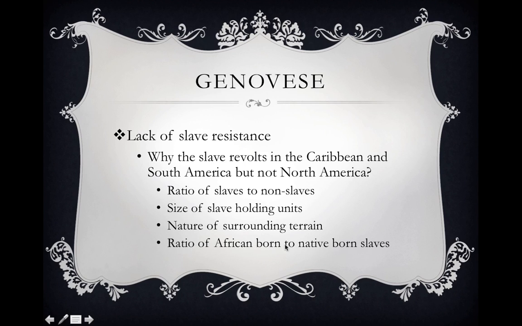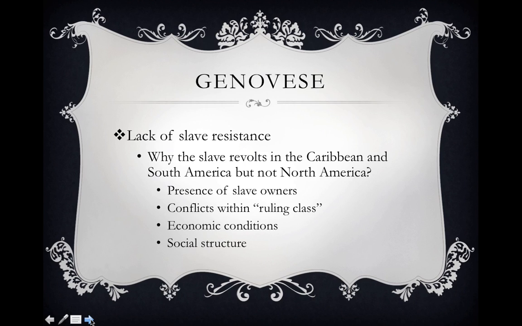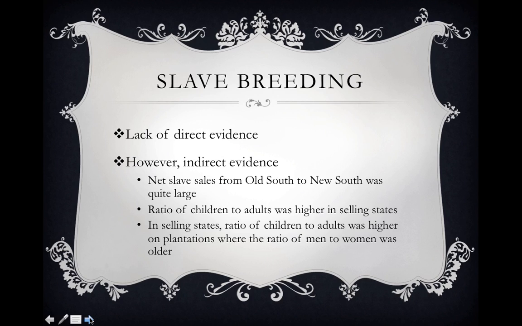They were more likely to seed discontent among individuals and foment revolts among the population, because they still had some type of attachment to freedom, whereas the slaves in North America had been born into slavery and had very little notion of what freedom was. So just remember that those are the major points.